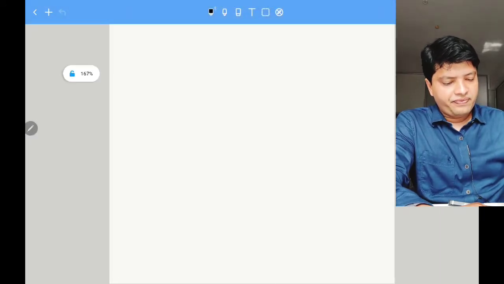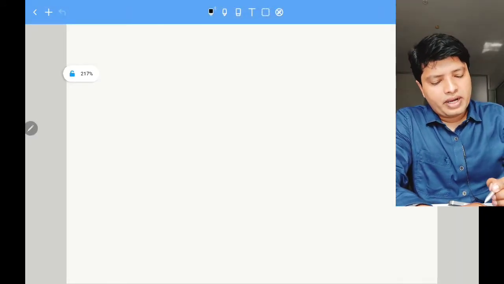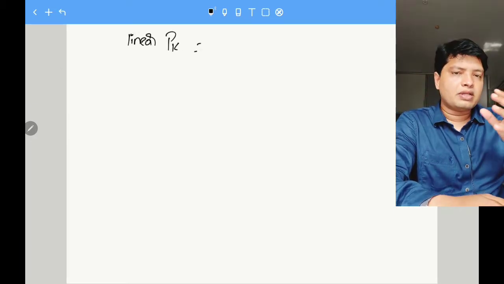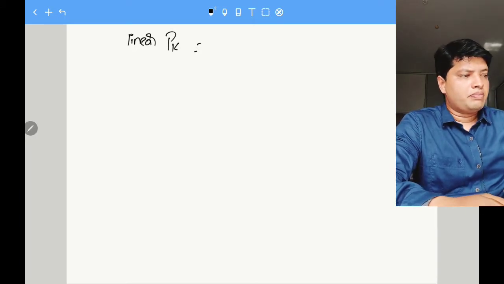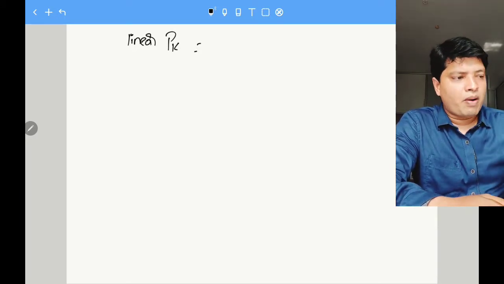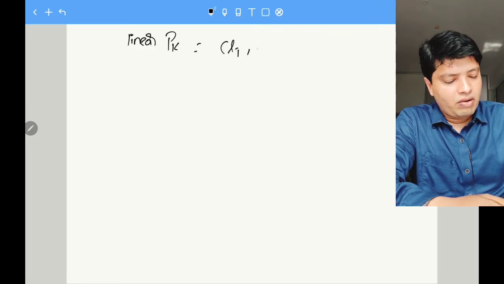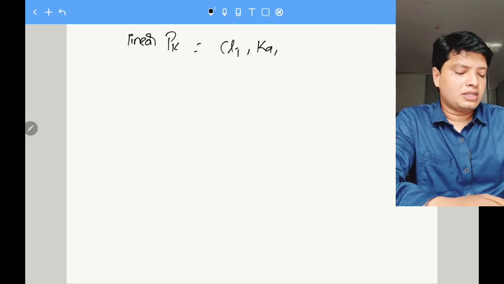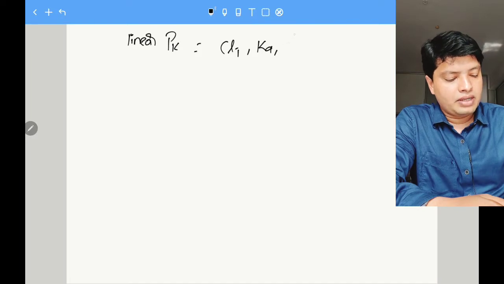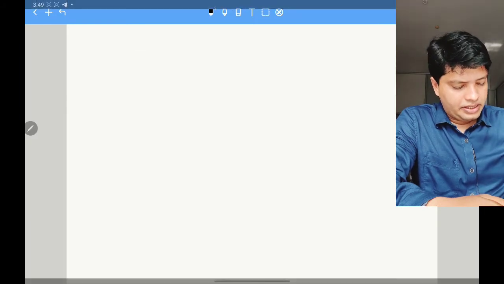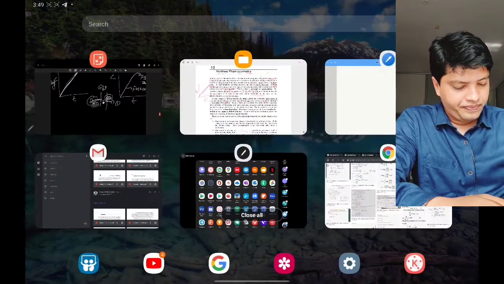So in case of linear PK, whatever the pharmacokinetic parameters like clearance, then we have absorption rate constant, you have... I will check this. Okay, wait.